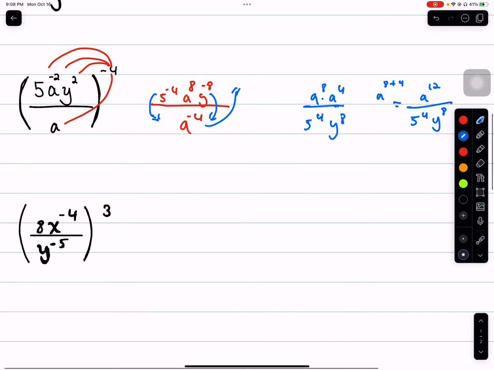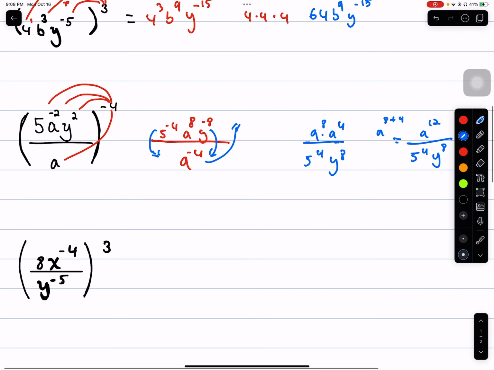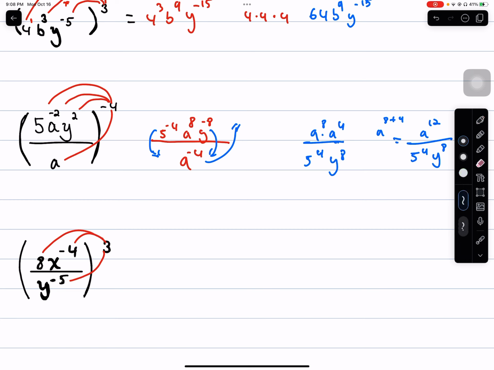All right, let's continue. So last one. Once again, power for power. Everything on the inside gets a power of 3. So we're going to multiply that. So imaginary 1 times 3, that's 8 to the 3rd.